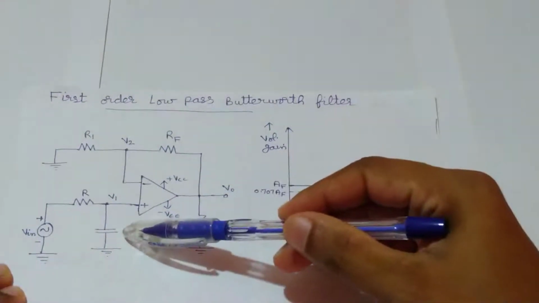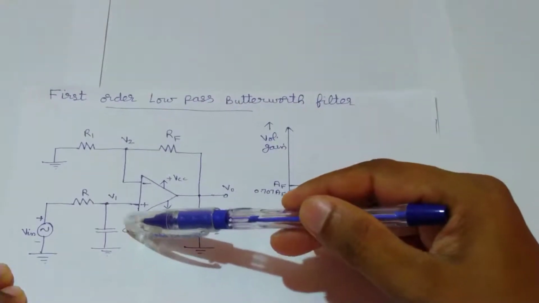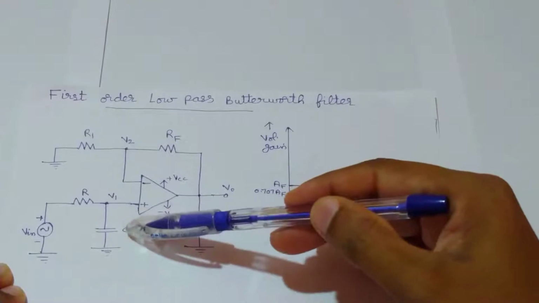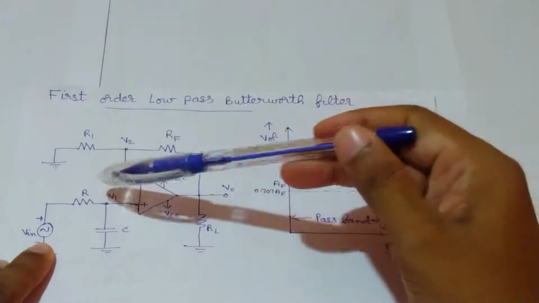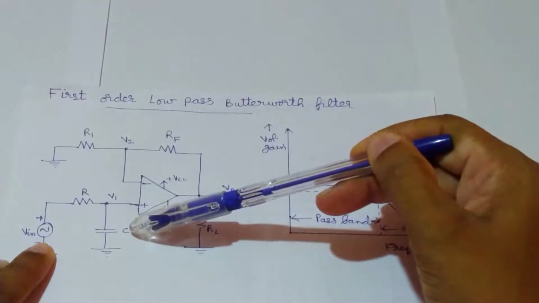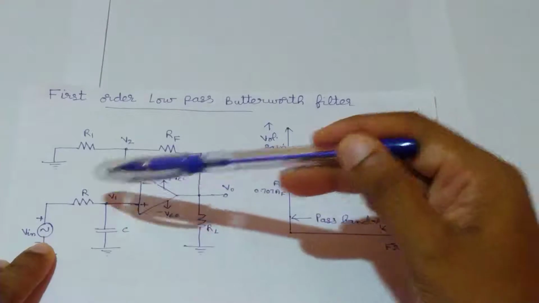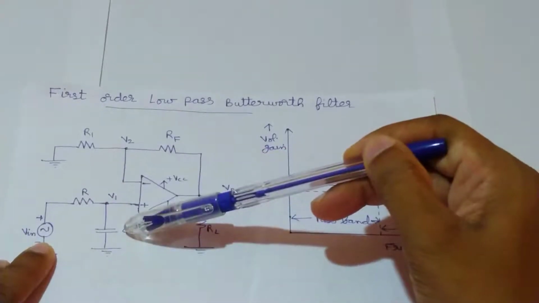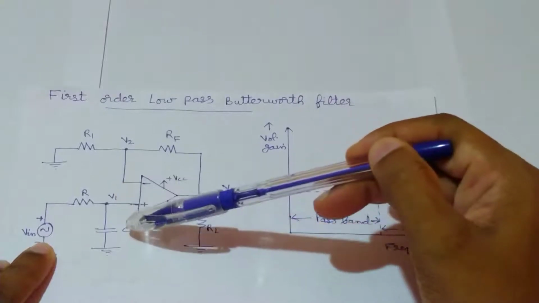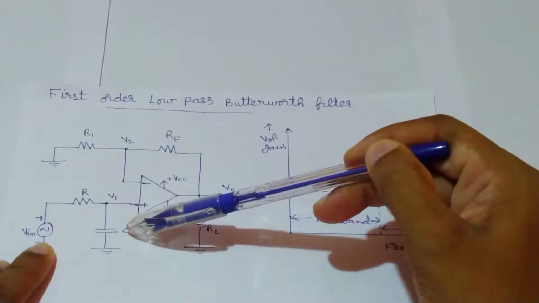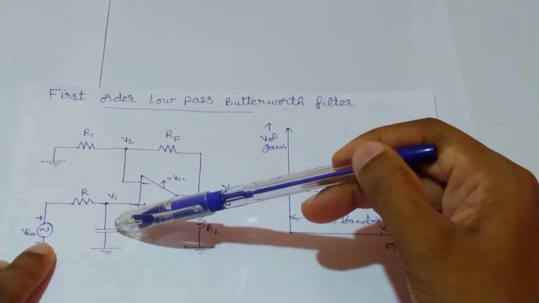We know the impedance of the capacitor is minus jXc. So the voltage across this capacitor is Vin times minus jXc divided by the total resistance. And what is that total resistance? R minus jXc. So this V1 voltage can be given by Vin times minus jXc divided by R minus jXc.